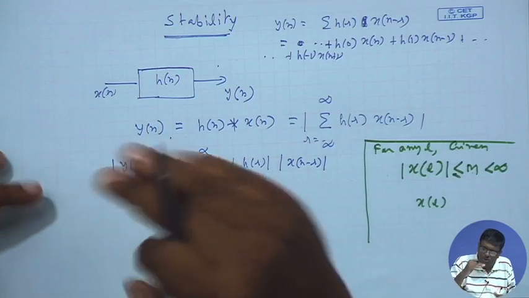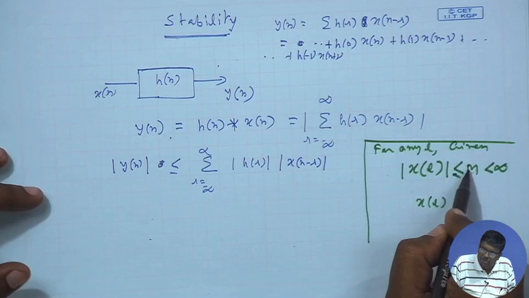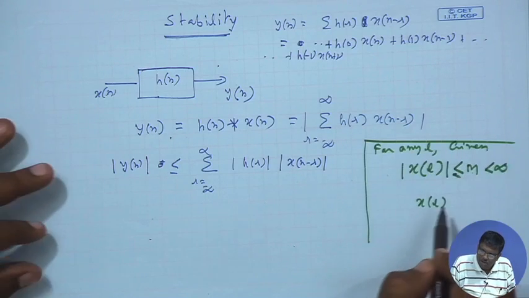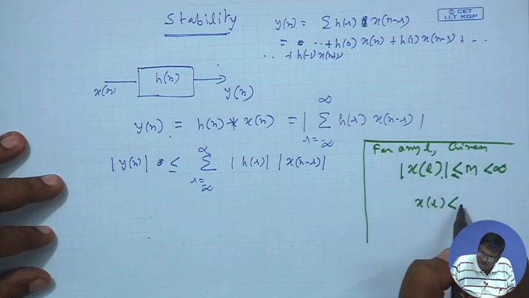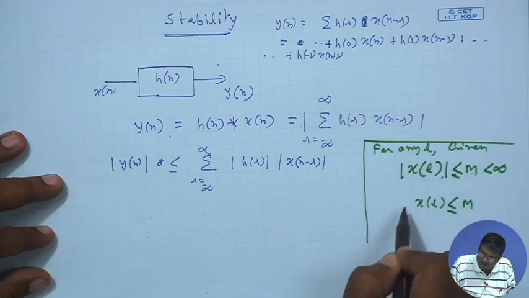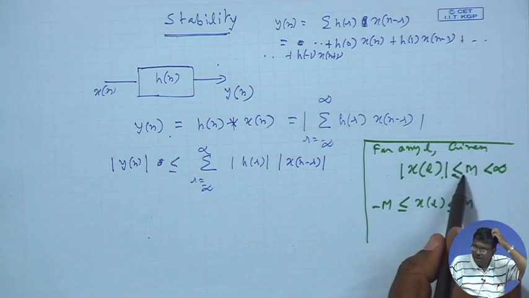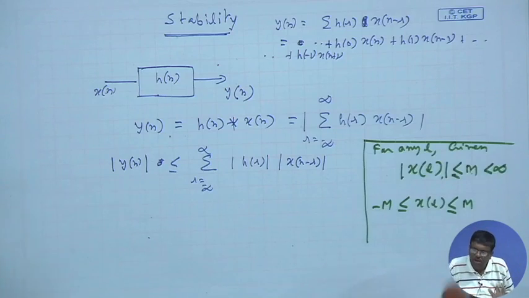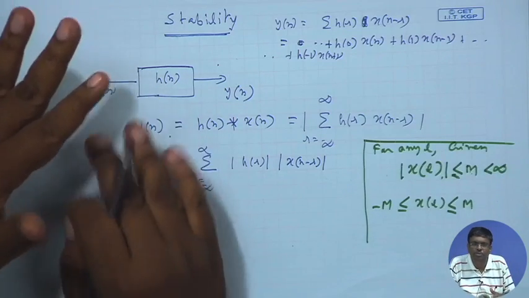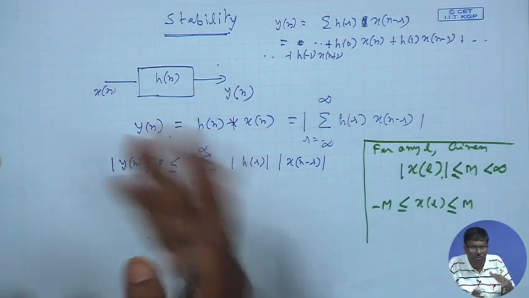So, 0 to some positive, but maximally it can be capital M, not more than that. That means, if you take out the mod, it can go in the positive direction as M, negative direction as minus M, where M is a positive number less than infinity. If this is given, I am not giving you bad input, I am giving you a well behaved practical input lying within some range.